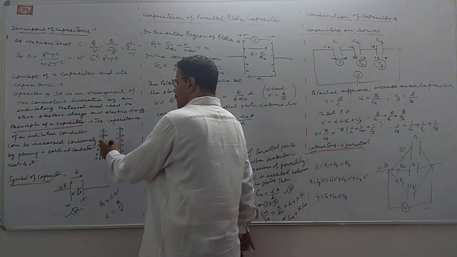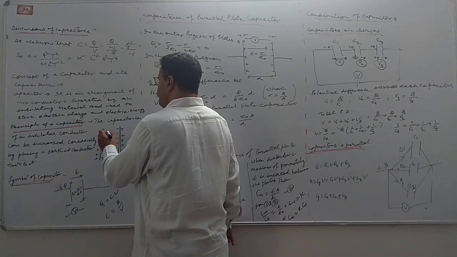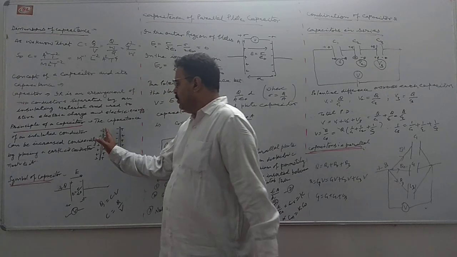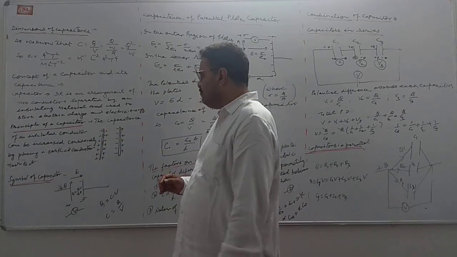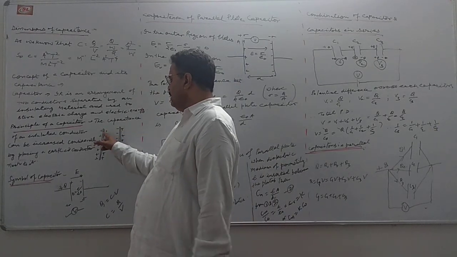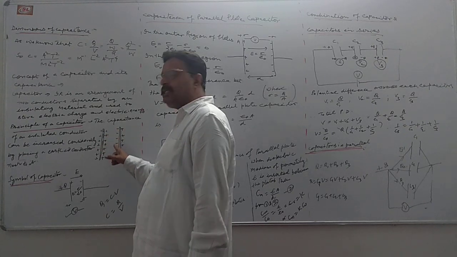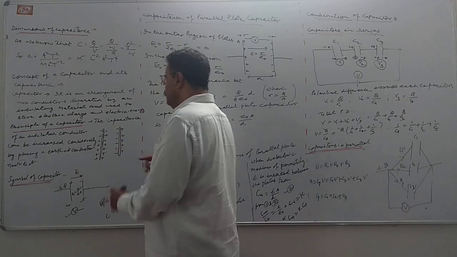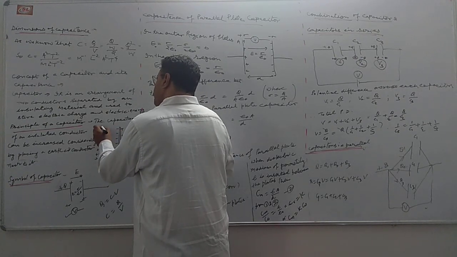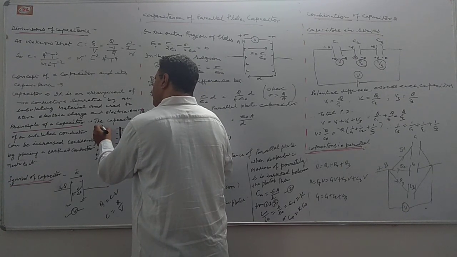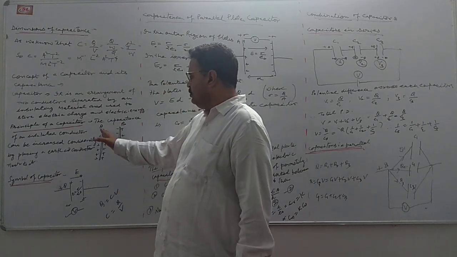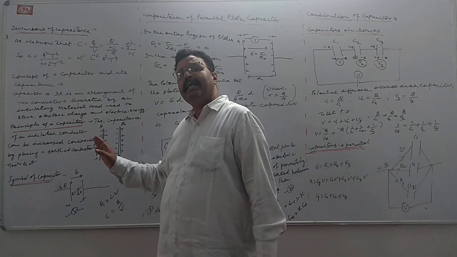The electric field between the plates goes from positive to negative, and this positive potential may be neutralized by the negative potential, as these negative charges are closer to plate A than the positive charges.